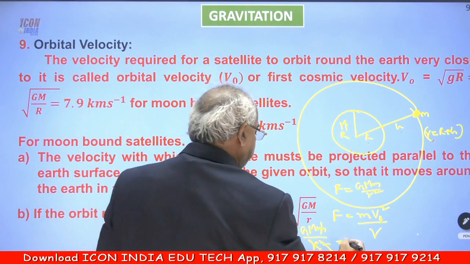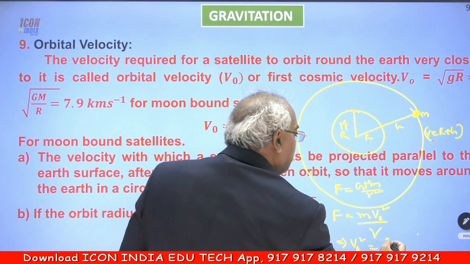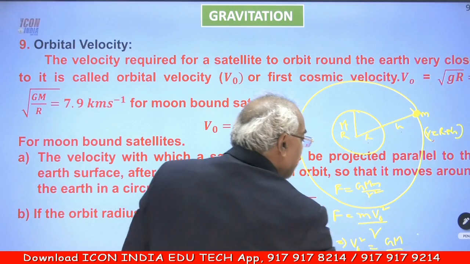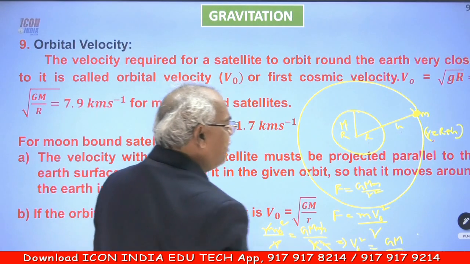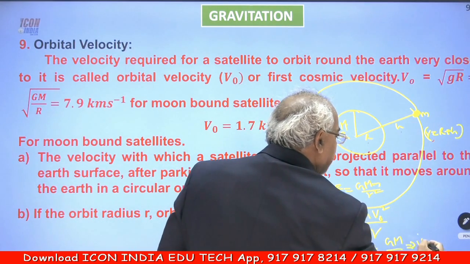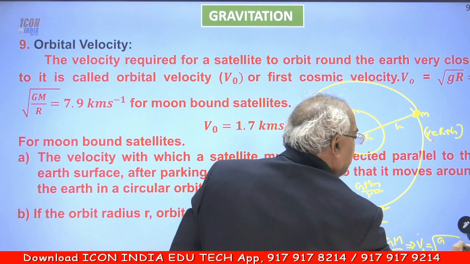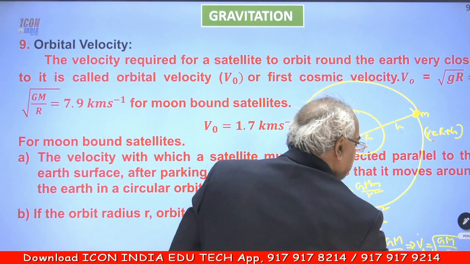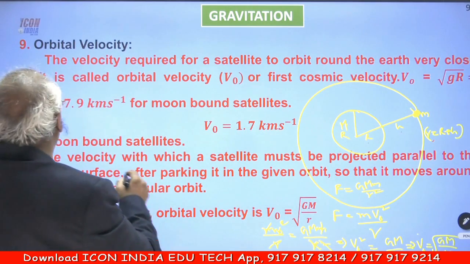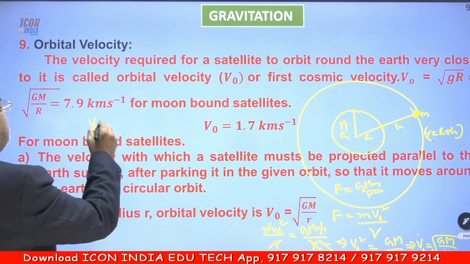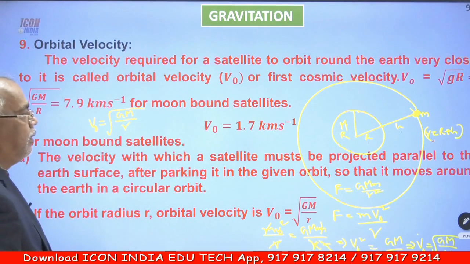That implies V naught square is equal to GM by r. So this implies V naught is equal to root GM by r. It is the orbital velocity.